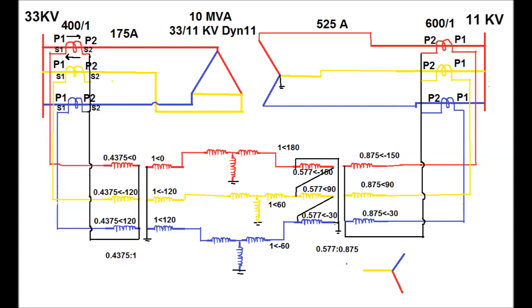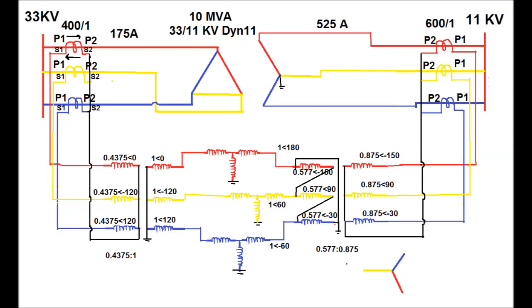That is, the magnitude and angle in the HV side for red phase will be 525 at an angle of 30 degree. Now the current flows in the HV side CT from P2 to P1 direction, and that is why there will be a phase shift of 180 degree in the secondary side, and that is why the angle is minus 150 degree for red phase.